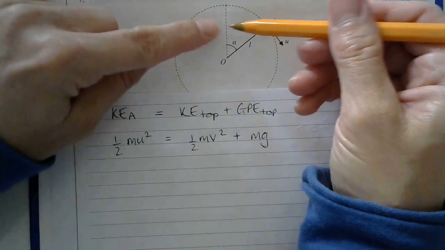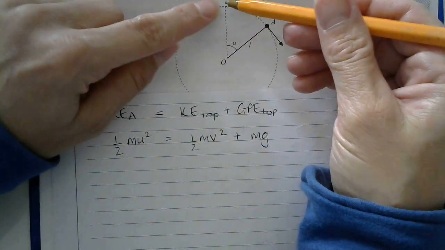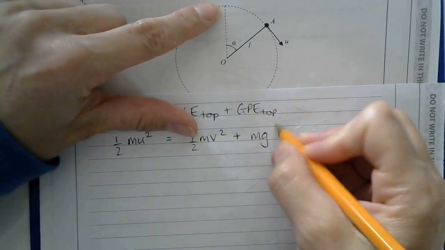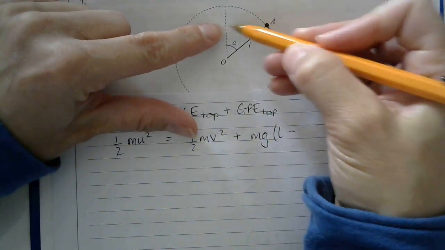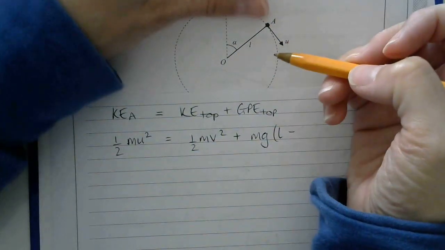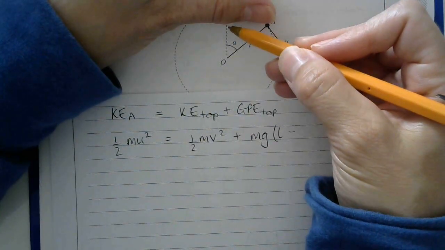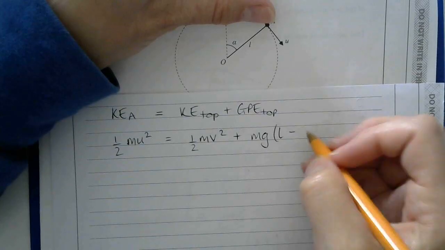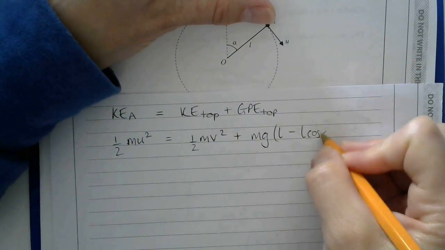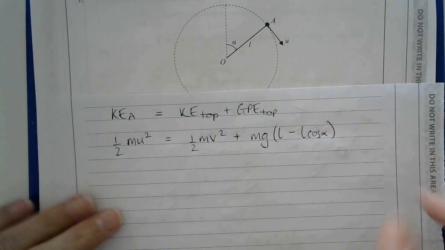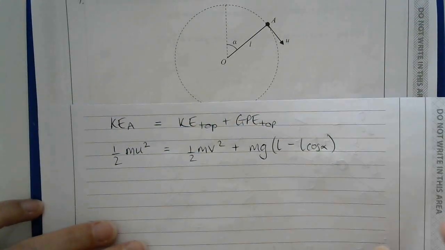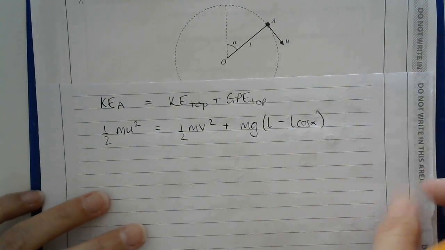The difference in height from here to here is L, but then I need to take off from here to here. If I imagine this right angle triangle, where this is L, this length here is L cos alpha. And so there is my conservation of energy equation.